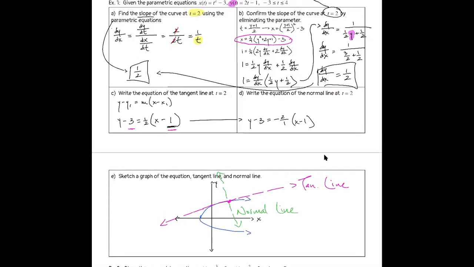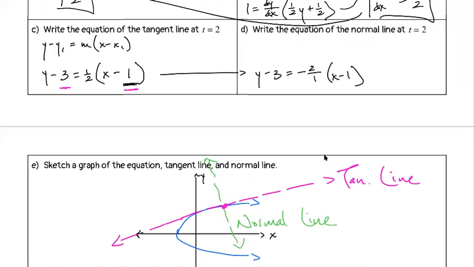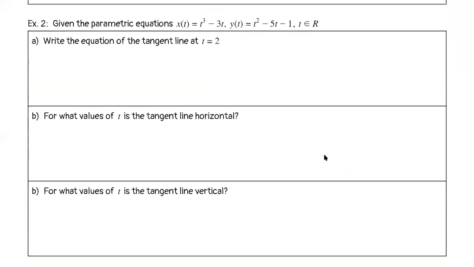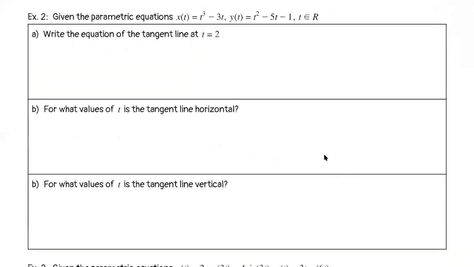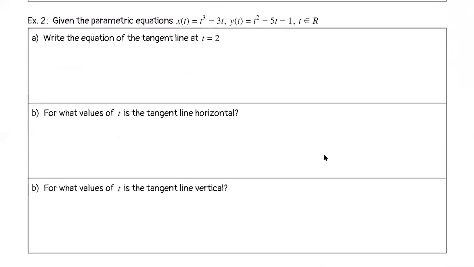All right, now I think we're ready to move on to example 2. So example 2, we're given parametric equations x equals t cubed minus 3t and y equals t squared minus 5t minus 1, and we're looking over all real numbers.